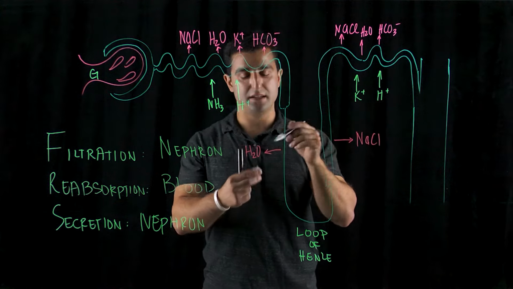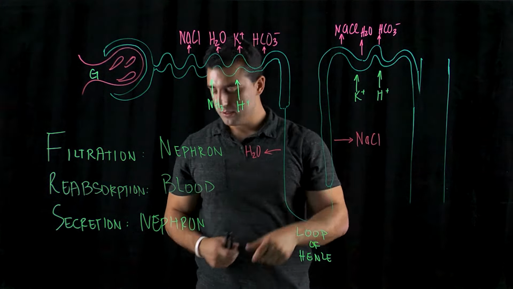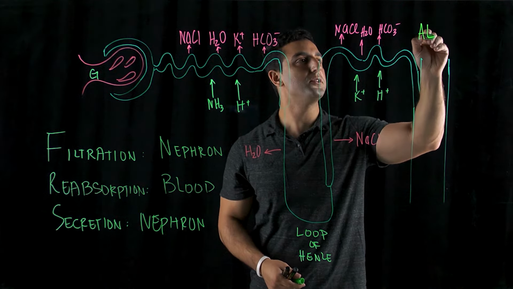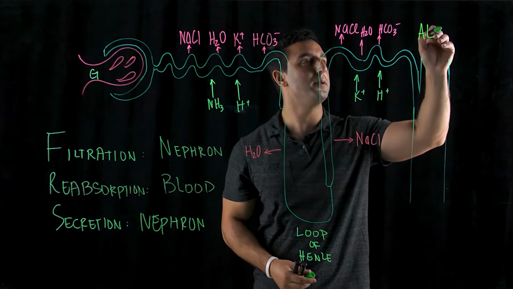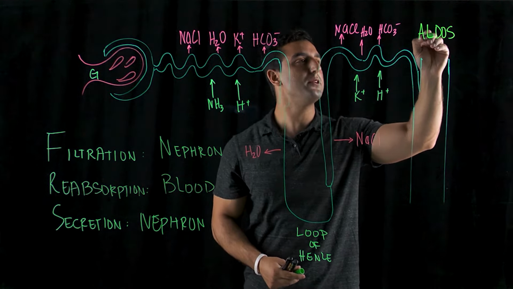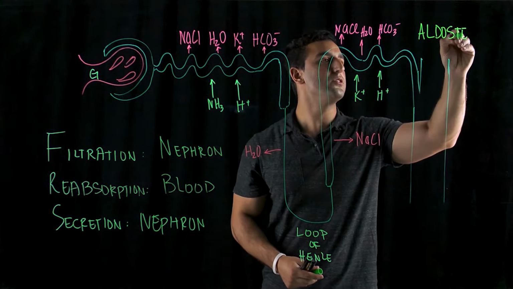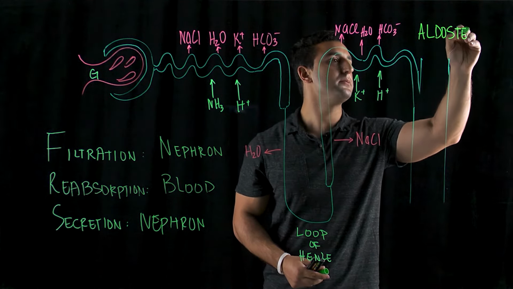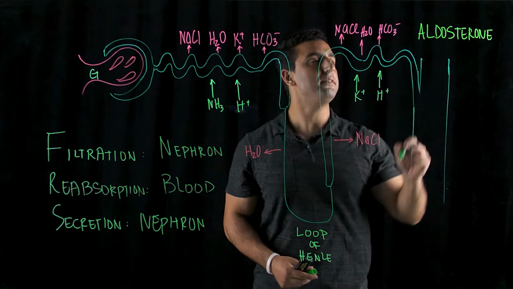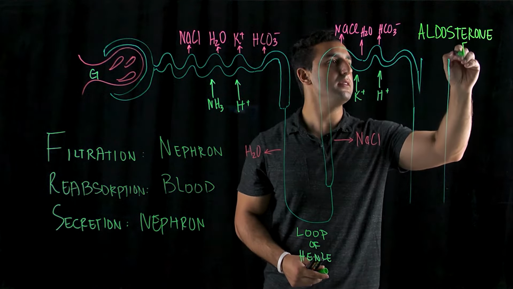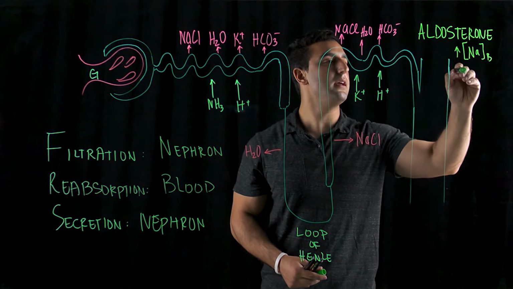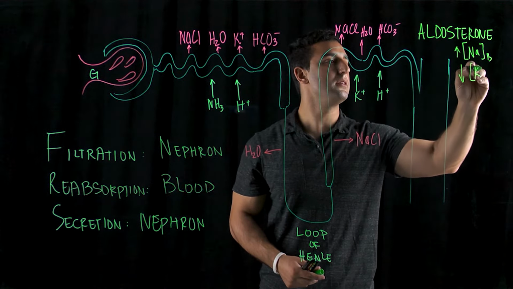This region, the distal convoluted tubule, is a region where aldosterone, if you remember, that was secreted from the zona, which one? Zona glomerulosa. This is a mineralocorticoid that is responsible for salt balance, aldosterone. And so its main function is to do what? Increase sodium in the blood and decrease potassium in the blood.